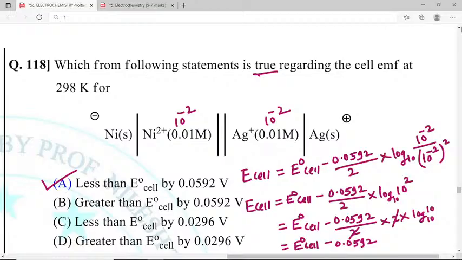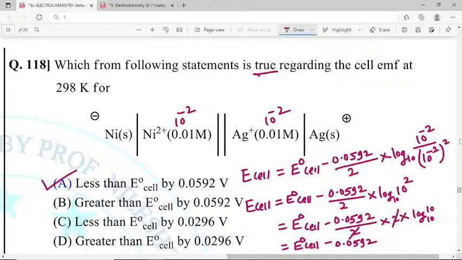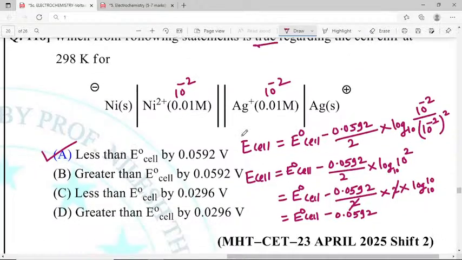So 1 multiplied by 2 becomes 2, and 2 gets cancelled. So minus 0.0592 remains as it is. Less than means decrease, decrease means subtraction. So less than E naught cell by 0.0592 volt. This is a very important problem, 2025 CET. And this is the same question for 2026 also.